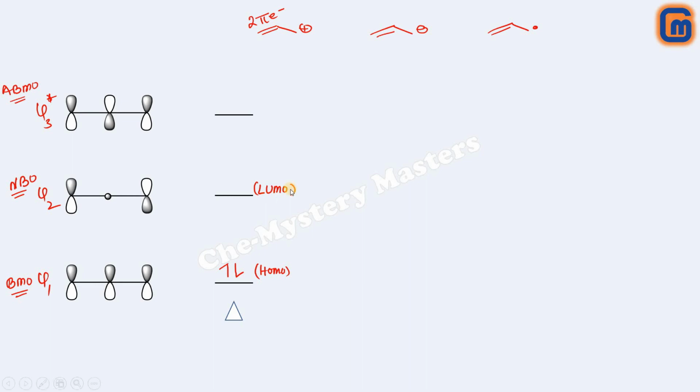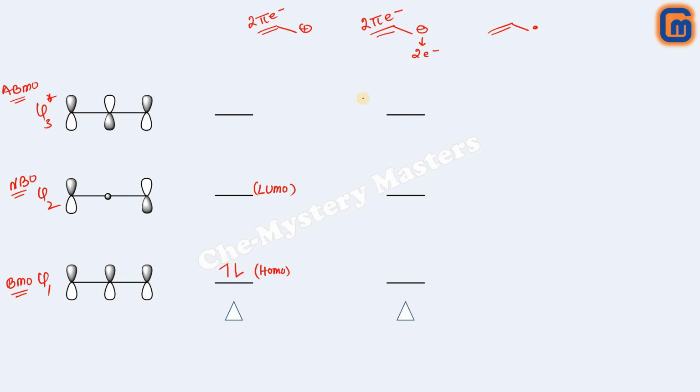Now if you talk about the allyl anion system, in this also we have 3 molecular orbitals where the electrons will be filled. In this case we first have to understand how many pi electrons are undergoing the pericyclic reaction. Again we have a pi bond, that means there are 2 pi electrons, as well as you can see that there is a negative charge. The negative charge is associated with 2 electrons.